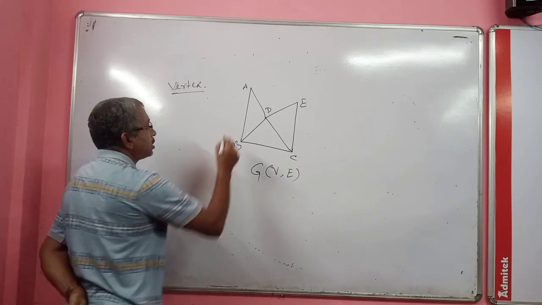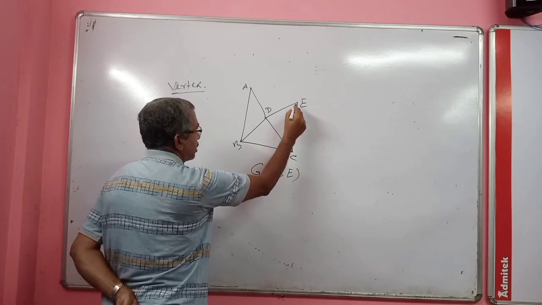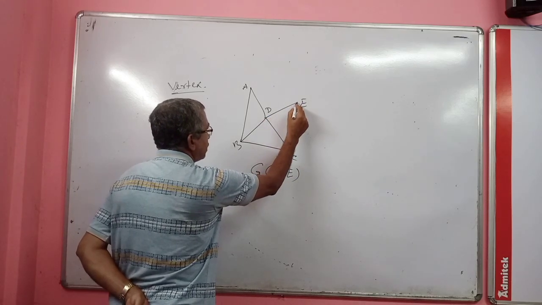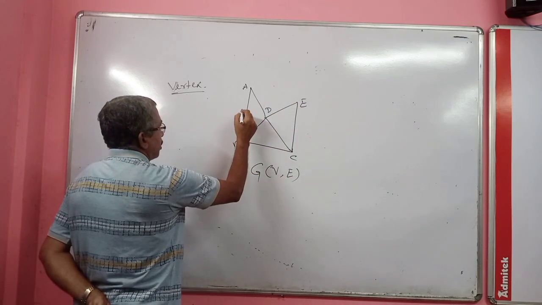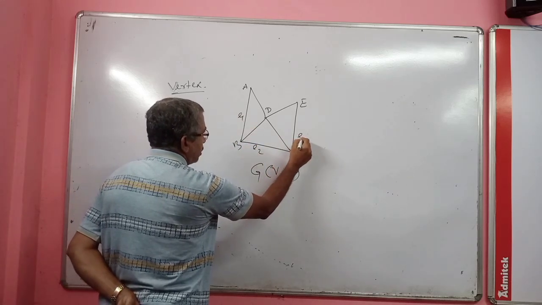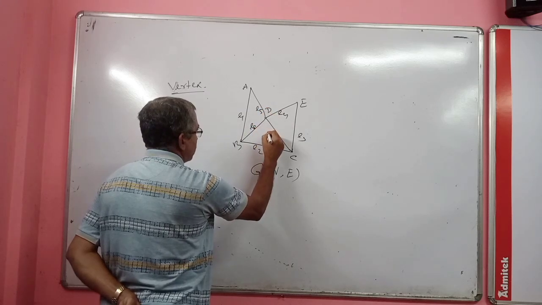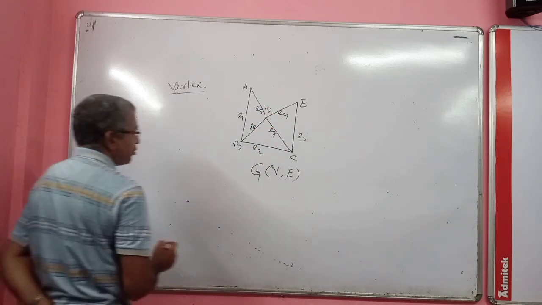A is a vertex, B is a vertex, C is a vertex, D is a vertex, E is a vertex. What is an edge? E1, E2, E3, E4, E5, E6, E7. These are the edges.